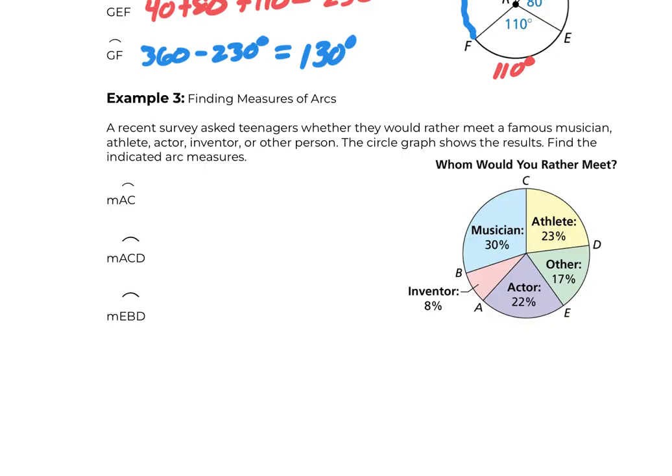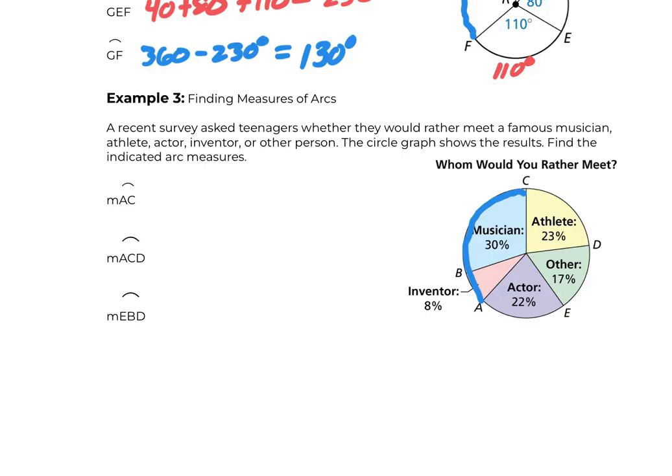But when I add up the number of degrees and I wanted to know what the measure of arc AC is going to be, how many degrees would a full circle make? 360, right? We've talked about that a couple times today. So if I wanted to find the measure of arc AC, I'm going to start at A, and I'm going to go around to C. So that represents two sections, right?